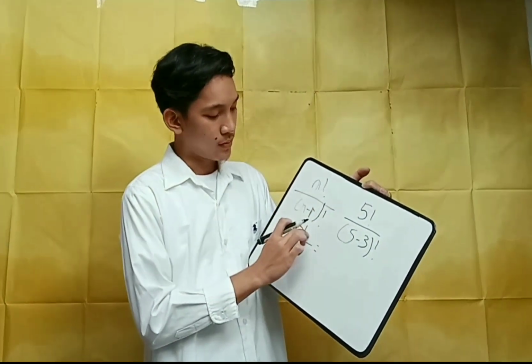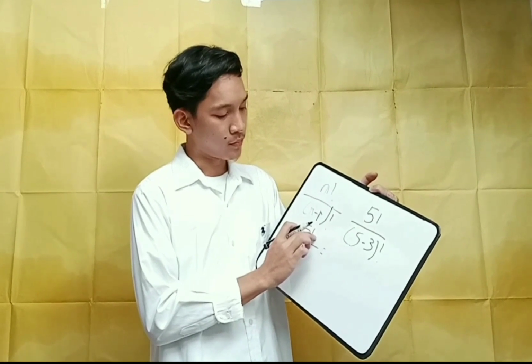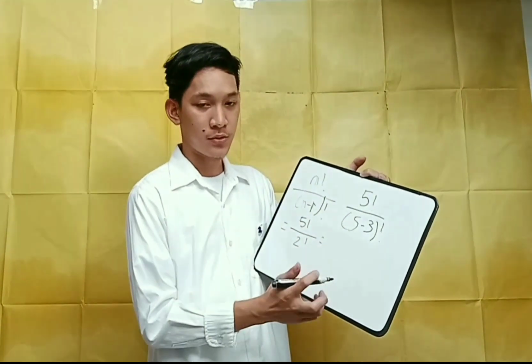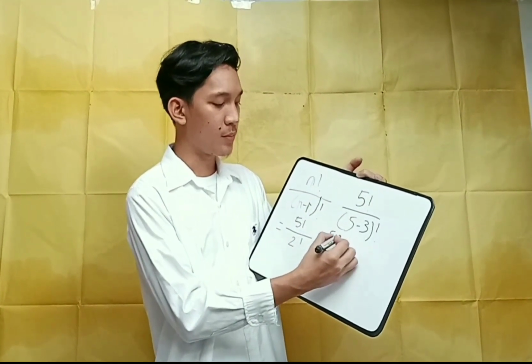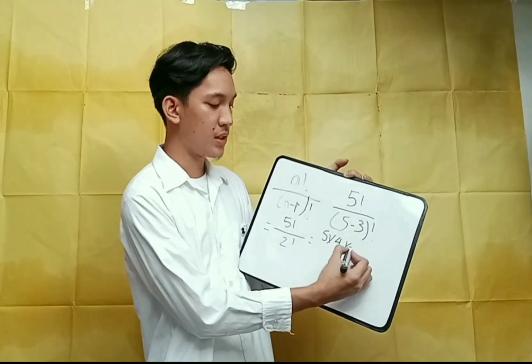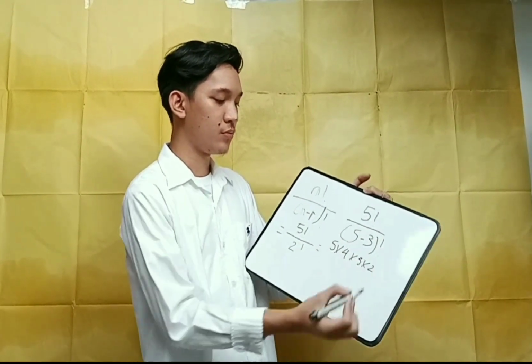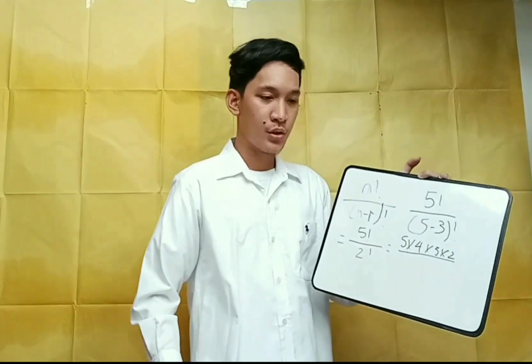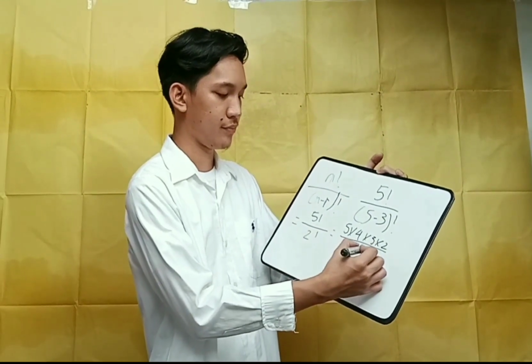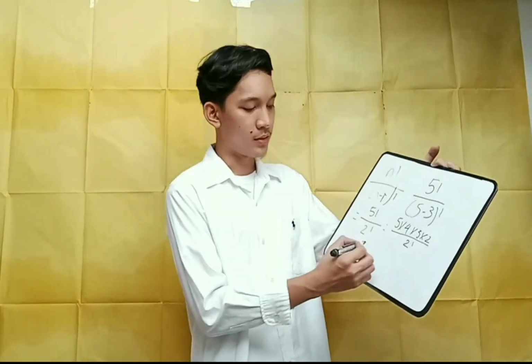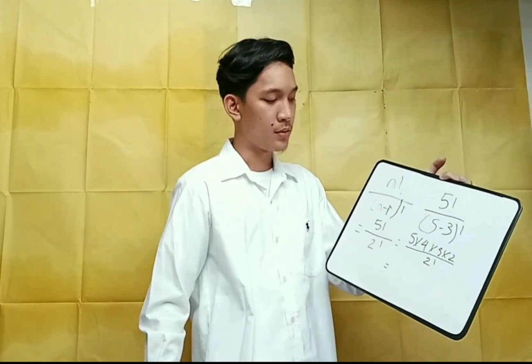So next, I'm going to show the 5 factorial, which is 5 times 4 times 3 times 2 over 2 factorial. And lastly is the equal, which I'm going to solve here.